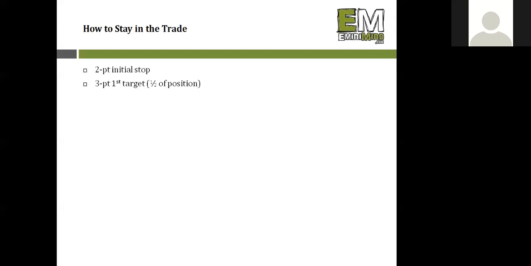And you say, well, shoot, next time I'm going to trail my stop. So the next time, you trail your stop. And what does it do? It goes exactly 2 points and then turns around on you. And so you're always doing what you wish you would have done on the very last trade. So this way, you don't end up having to think about it. You can just have that target out there and still have half the position to trail.